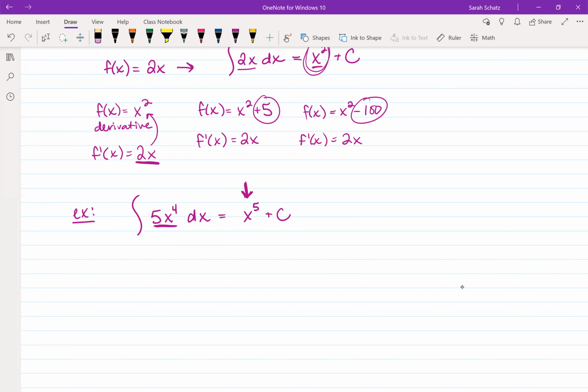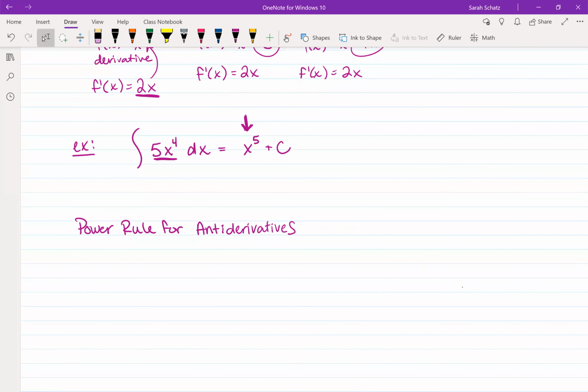So while this is true, we have a power rule for antiderivatives that will help us. We don't want to just do trial and error. The power rule for antiderivatives is exactly opposite of the power rule for derivatives.